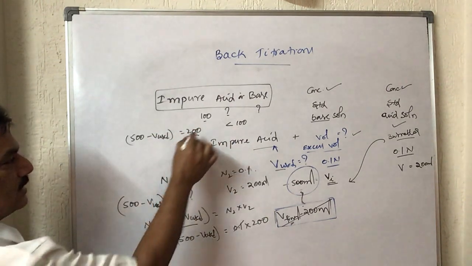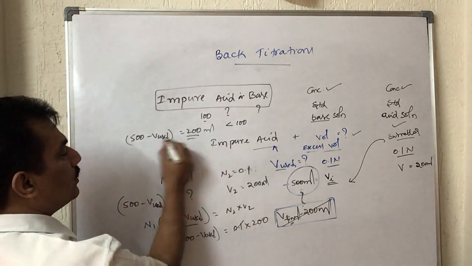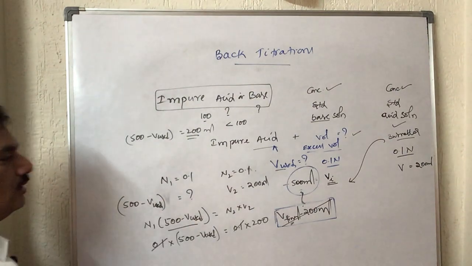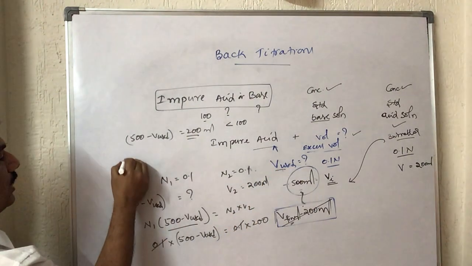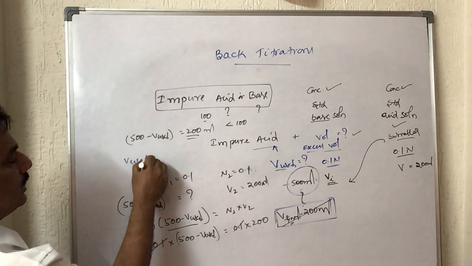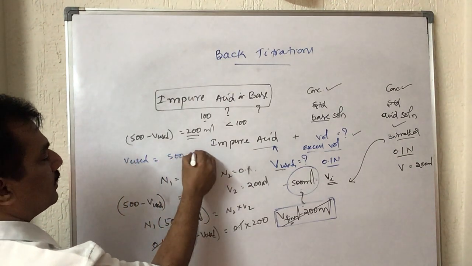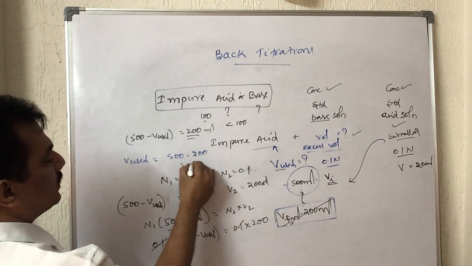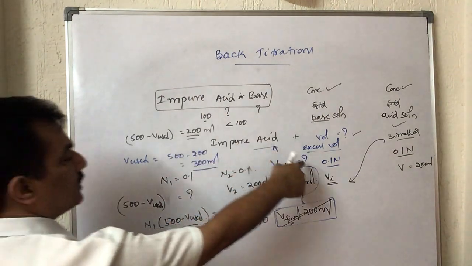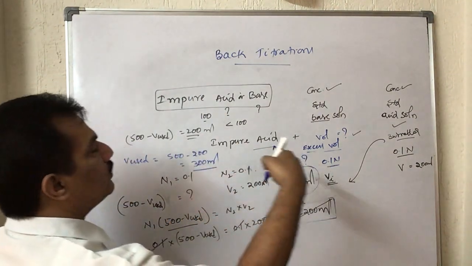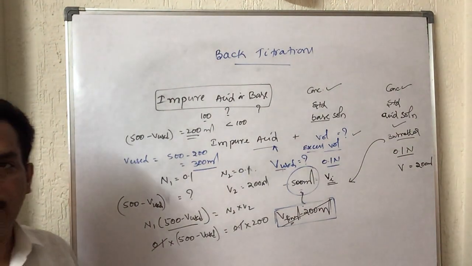When 500 minus V used is 200, we can get V used. V used is equal to 500 minus 200, that is 300 ml of this basic solution used for the complete neutralization of this acid.